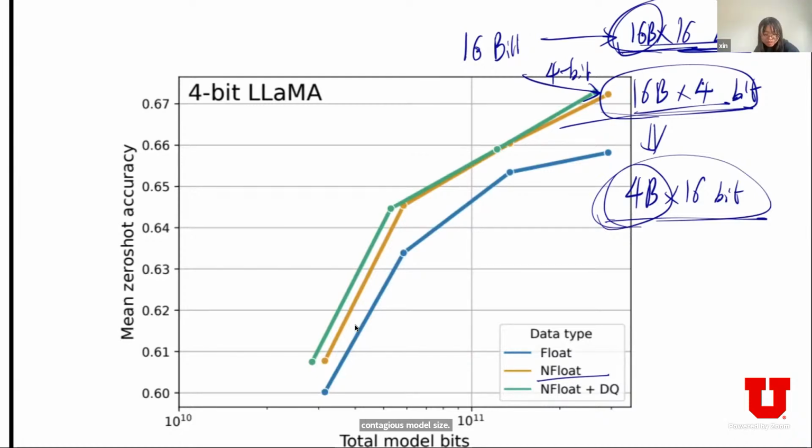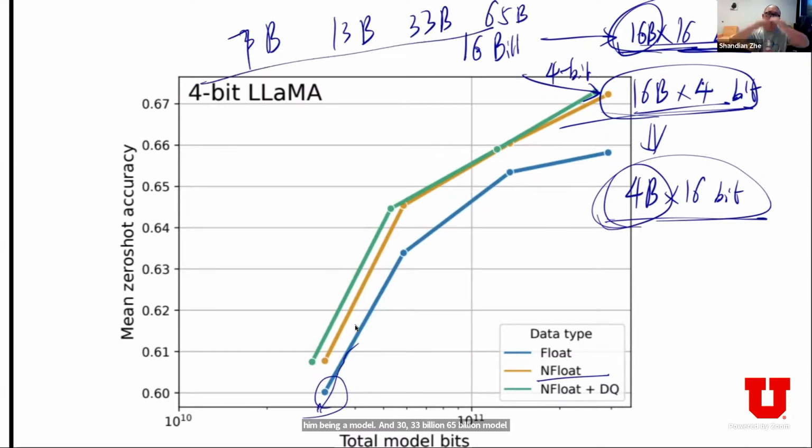For the blue curve, that's the accuracy of the original model. There is a series of models, such as the 7 billion, 13 billion, 33 billion and 65 billion models. Oh, okay, I got this point.